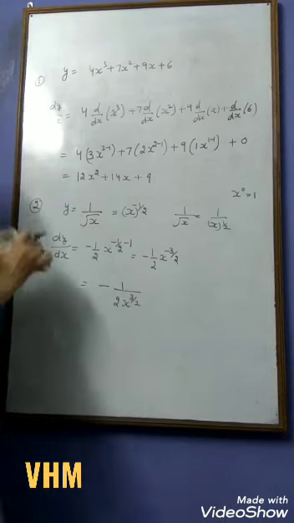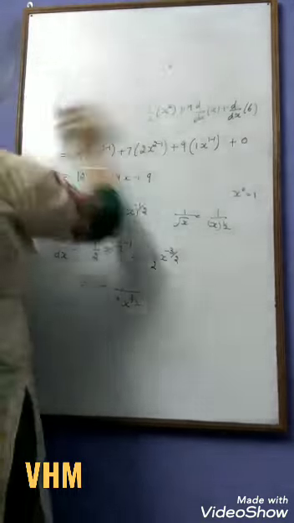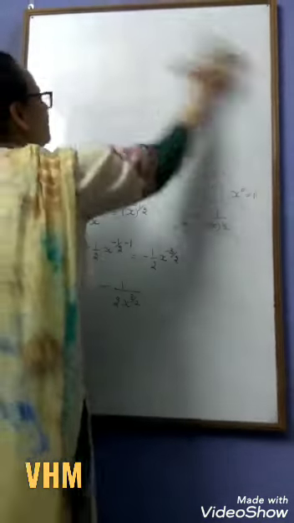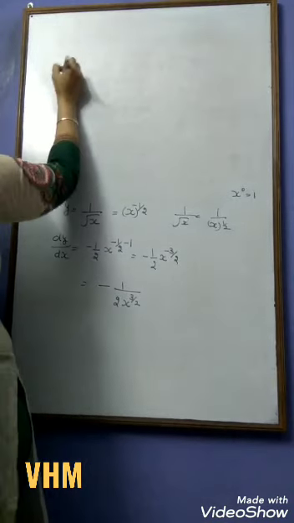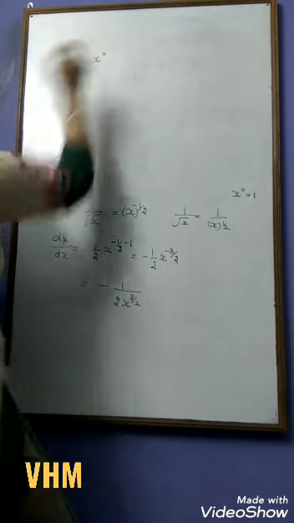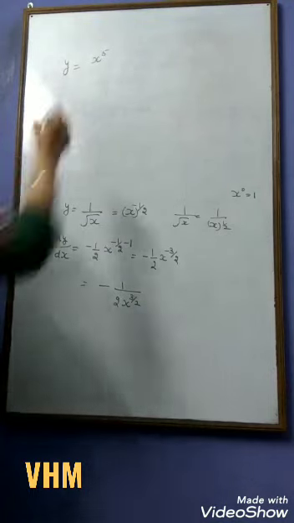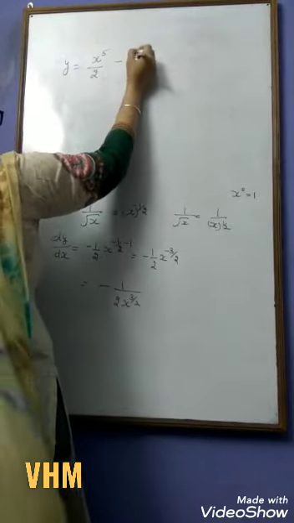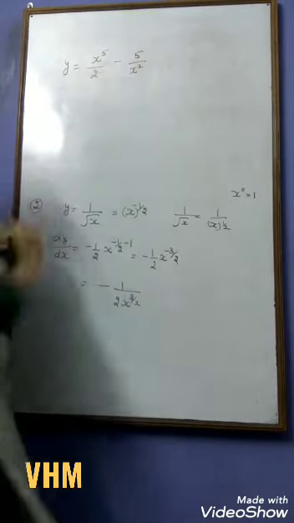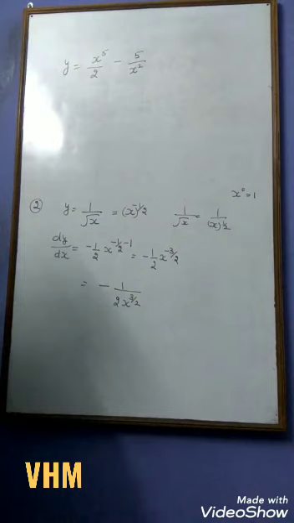Okay, and the next example is y is equal to x^(5/2) minus 5 upon x². How do we differentiate this question?